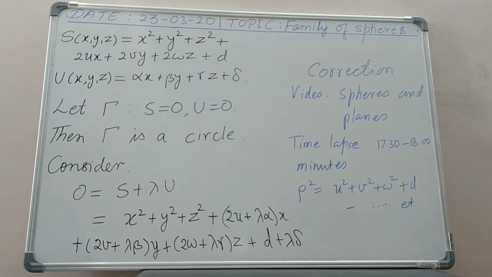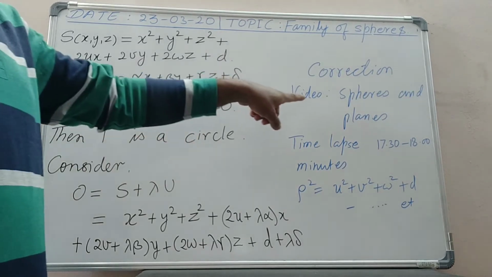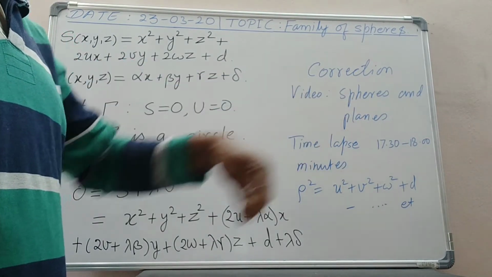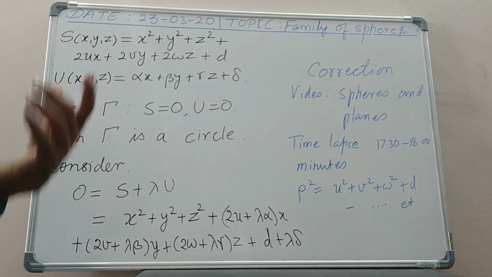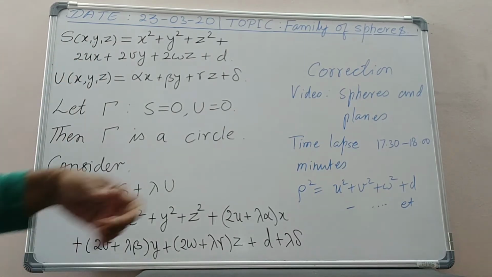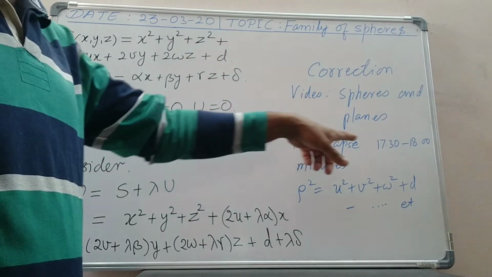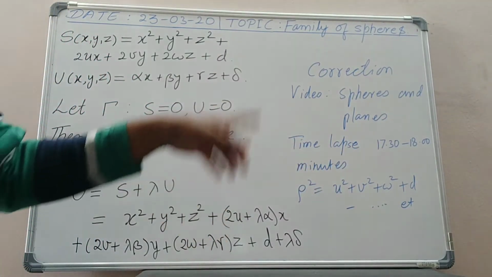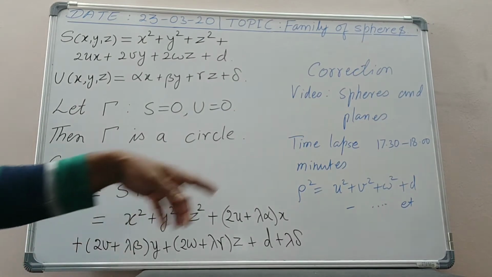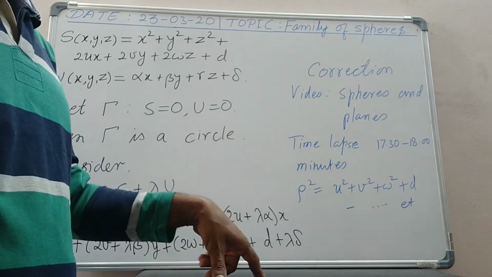Let me first begin with a correction in one of my previous videos. I made a video on spheres and planes, a video of roughly 30 minutes. In the time lapse between 17 and a half minutes to 18 minutes, I'm writing an expression for rho square.